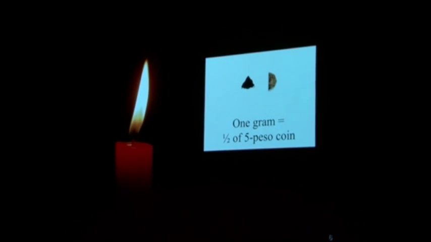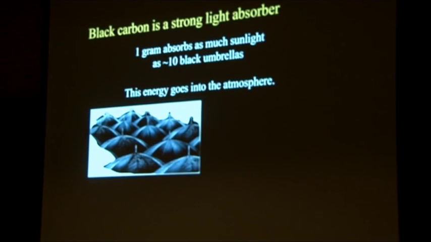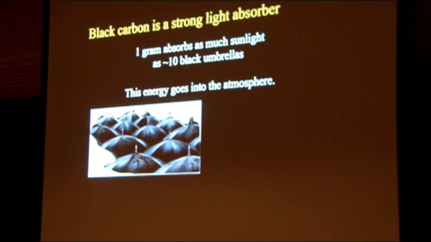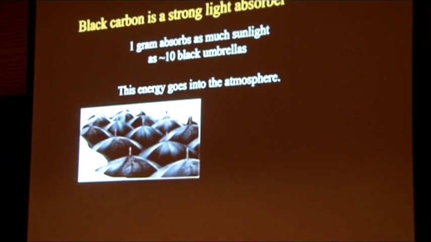Now I'm going to tell you something about the climate effects of black carbon, and I know everybody knows what a gram is, but just to give you a physical sense, it is about 1/2 of a 5 peso coin. 1 gram. A little bit less. 1 gram of black carbon has a big surface area, and so it absorbs as much sunlight as about 10 umbrellas.